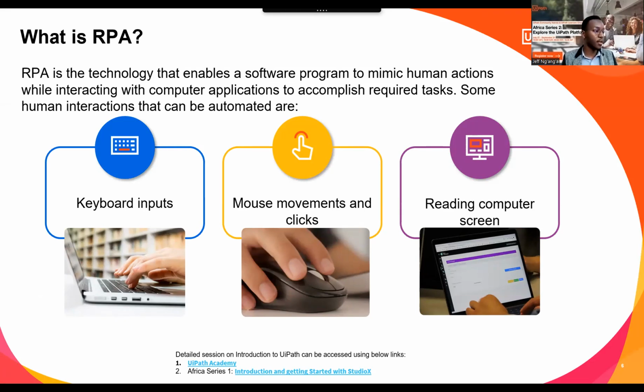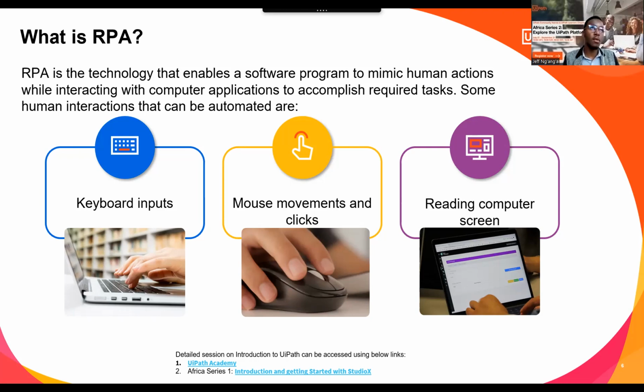RPA is a technology that enables a software program, which in this context is a software robot, to mimic human interactions with various applications in a computer in order to accomplish required tasks and meet specific objectives. Some of the human interactions that these software robots can mimic include keyboard inputs, that is typing into a keyboard, mouse movements and clicks, and also reading the computer screen.